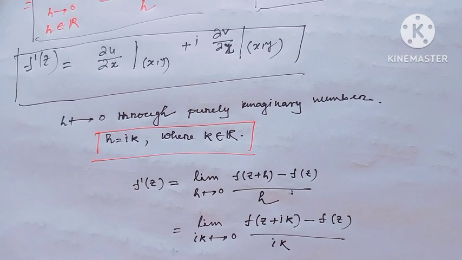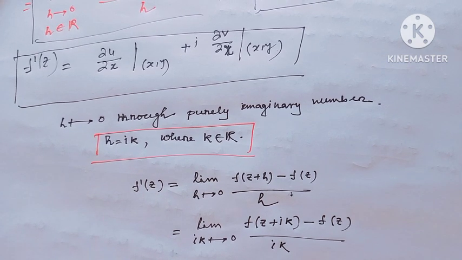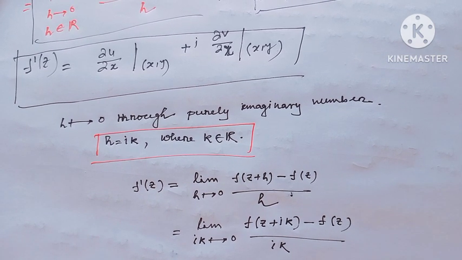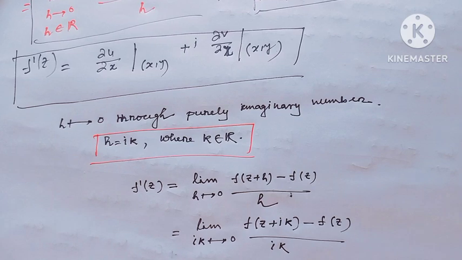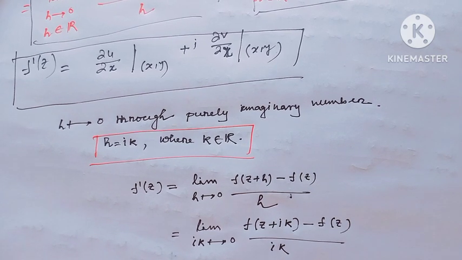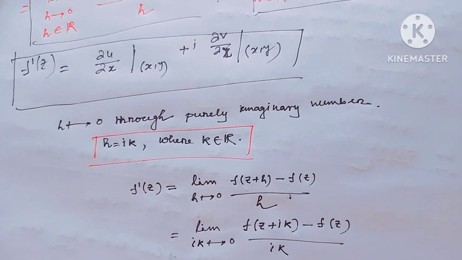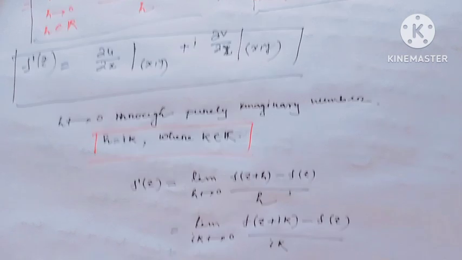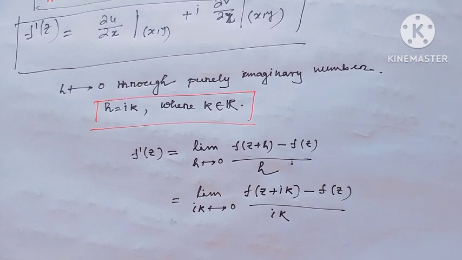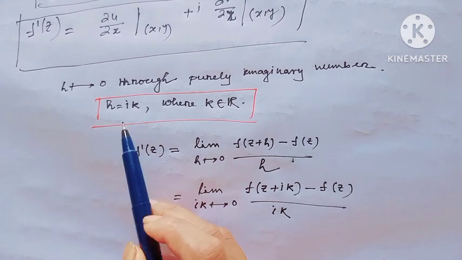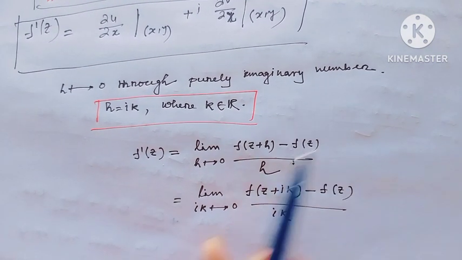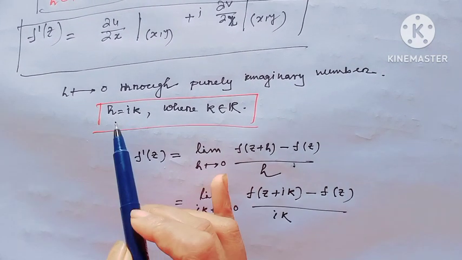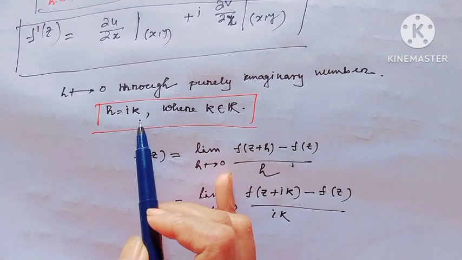And when h goes to 0 through a purely imaginary number, h is equal to ik where k belongs to R. Then f prime z equals limit h goes to 0 of (f of z plus h minus f of z) over h. Here I have considered h through a purely imaginary number, so I have considered h equal to ik.